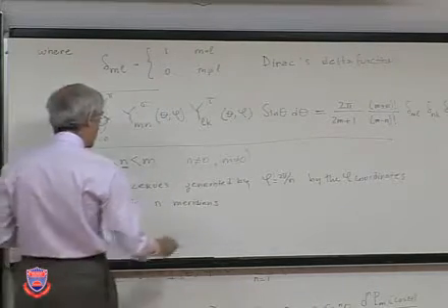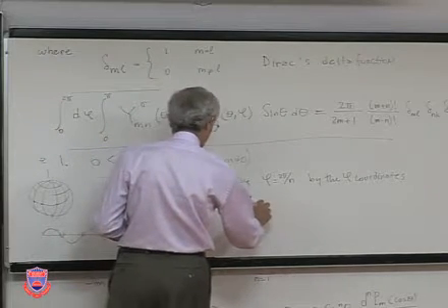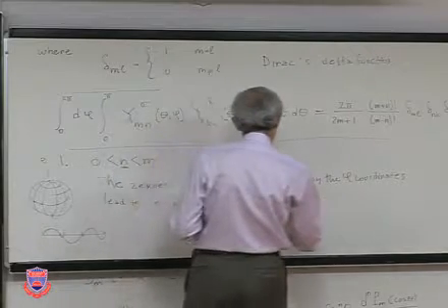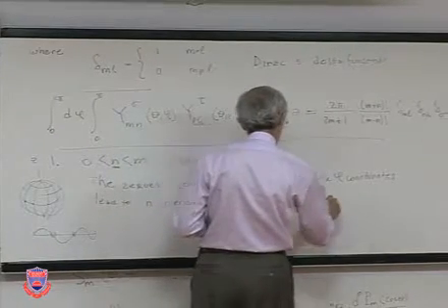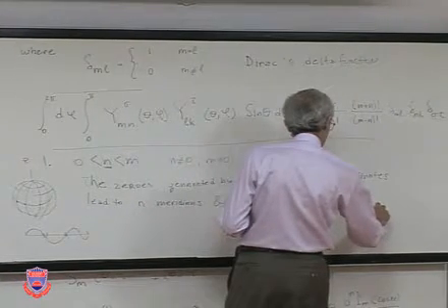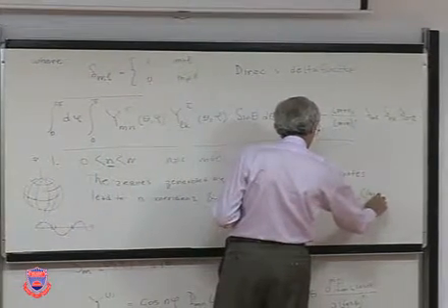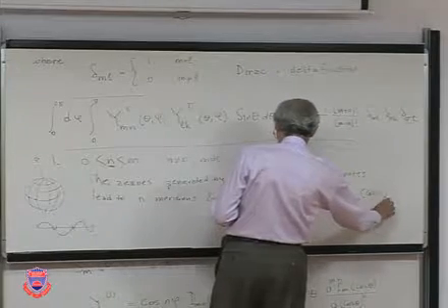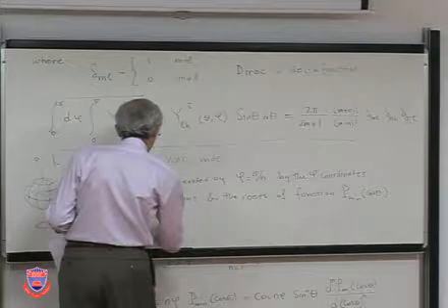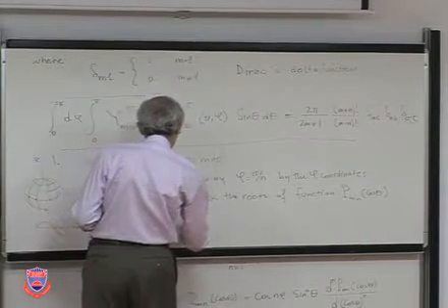Okay, and also the roots of the function P_m^n cosine theta give m minus n circles.